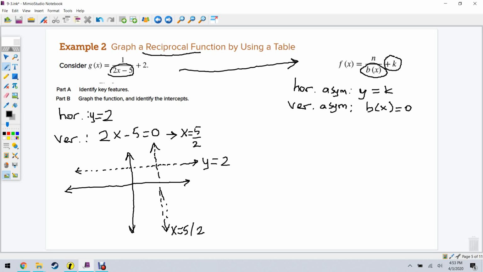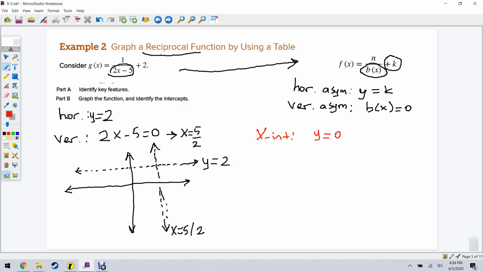How? Let's start with the x-intercept. I will just change the color. Remember, if you are looking for x-intercepts, that means y is gonna be equal to 0. Just like in any kind of function, quadratic, logarithmic, exponential, any kind, if you're looking for an x-intercept, you just substitute y with 0.